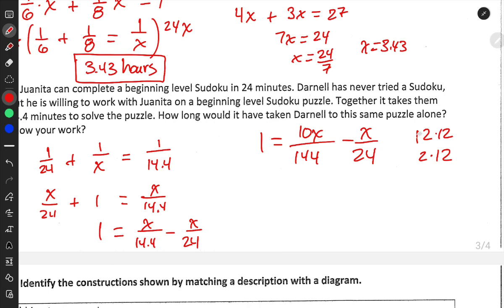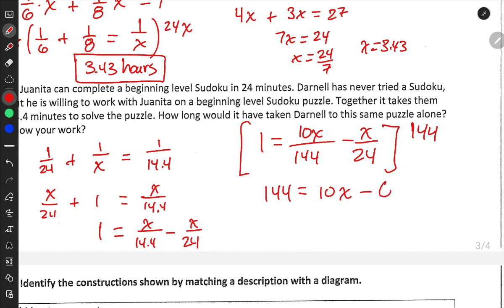Geez. I'm just going to multiply both sides by 144. So if I do that, right, hit both sides with 144. I didn't realize that 144 was divisible by 24. If I do that, I get a lot cleaner looking equation, right? I get 144 is equal to 10x minus 6x.